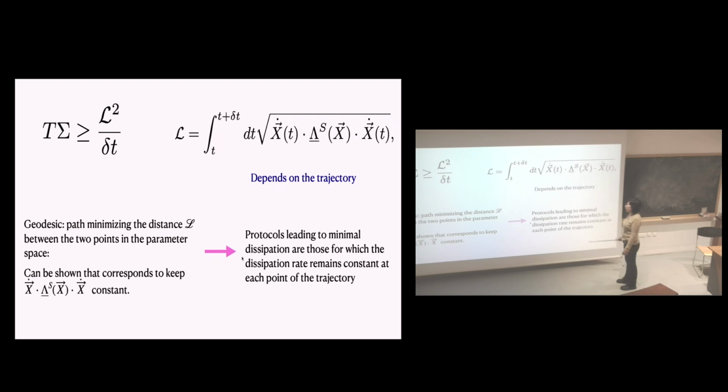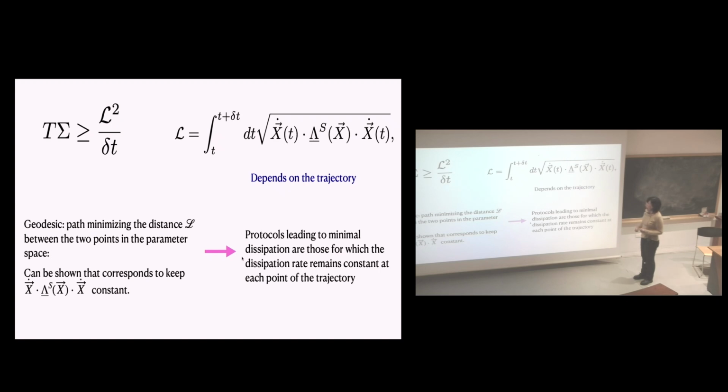So this depends on the trajectory, but given this length and given this metric, there is one path that receives the name of geodesic. That is the one that minimizes this thermodynamic length. This is a result of differential geometry.